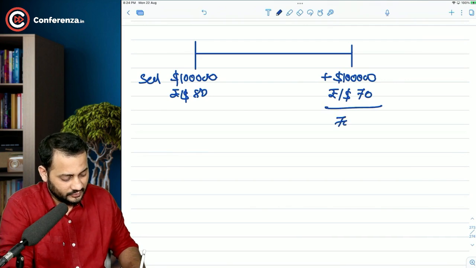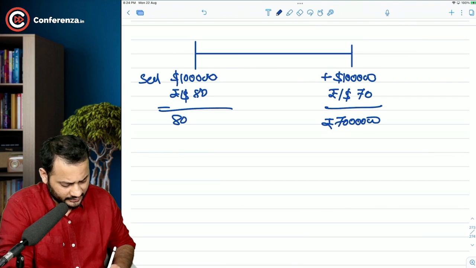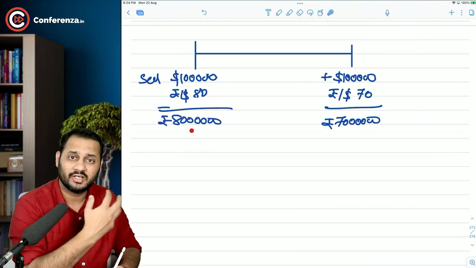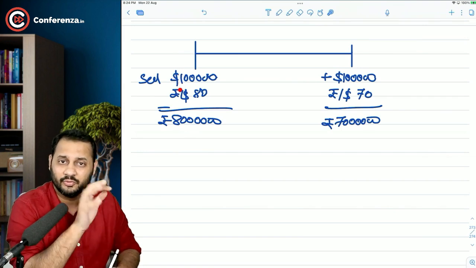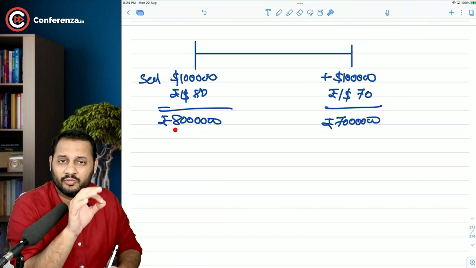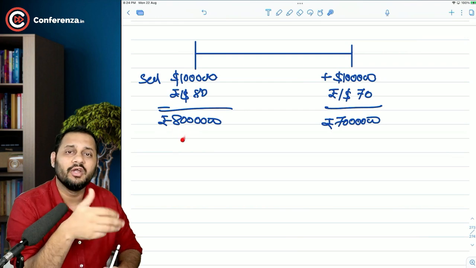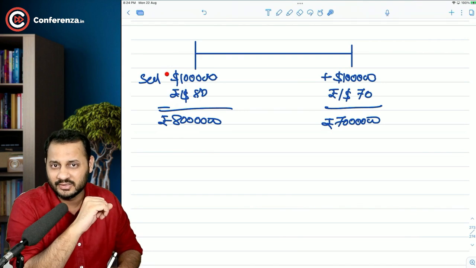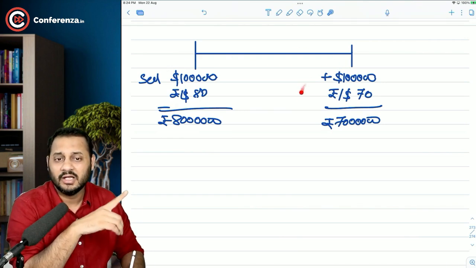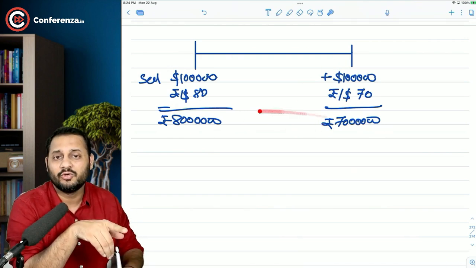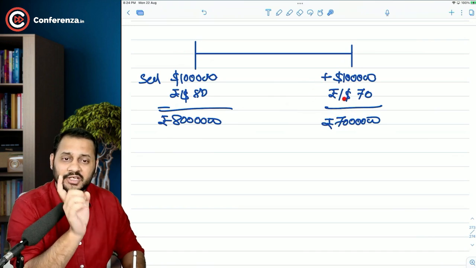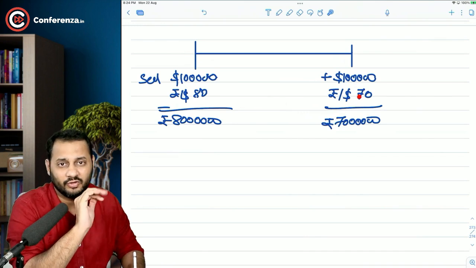So in this case, you will get 70 lakh rupees, and in that case, you will get 80 lakh rupees. The problem with this 80 lakh rupees is you are not receiving $1 lakh today. So this is just a notional amount that you could have received if the other party would have paid this much, but he is paying after 3 months and you are scared that you will lose around 10 lakh rupees because the exchange rate after 3 months will fall.